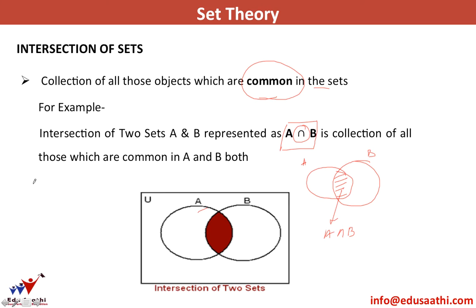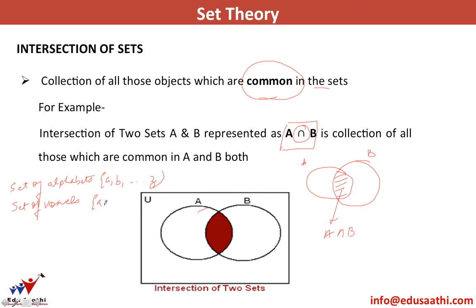In other words, let's take a set of alphabets. Then the set of alphabets is A, B and so on till Z. Now let's take a set of vowels again.